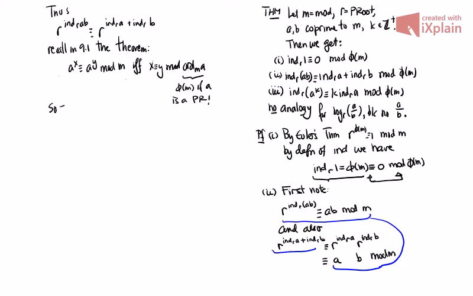So by that, this statement becomes: if and only if the index base r of ab is congruent to the index base r of a plus the index base r of b mod the order, which is phi of m. QED.